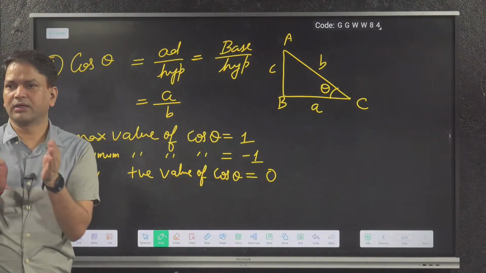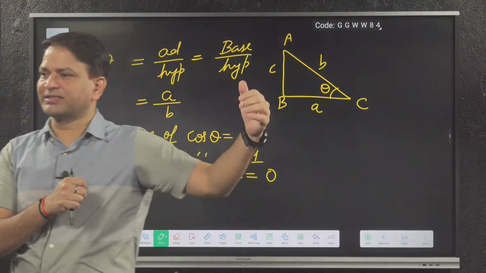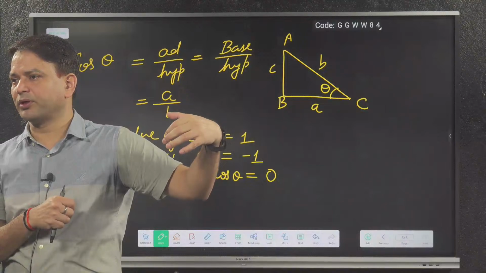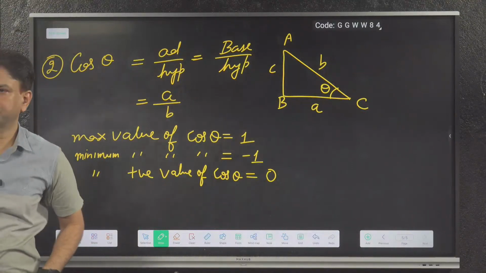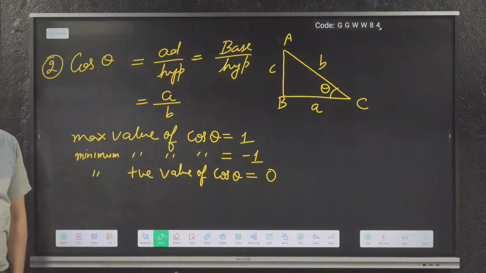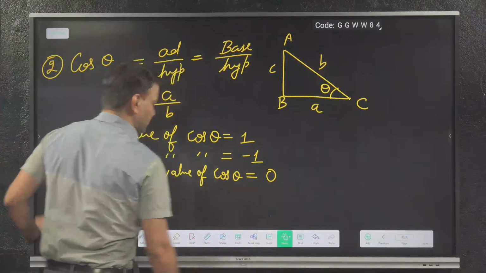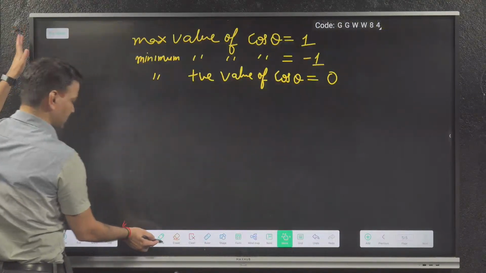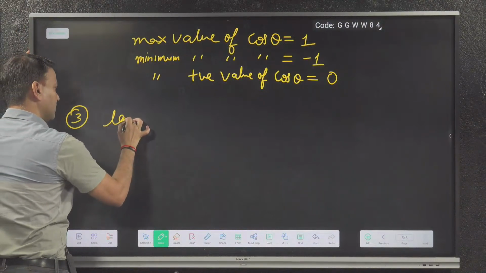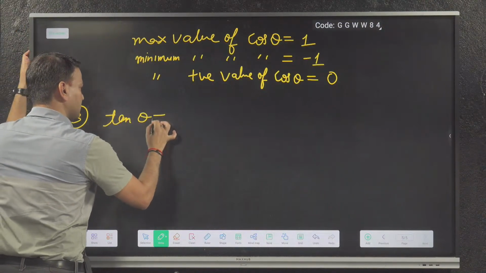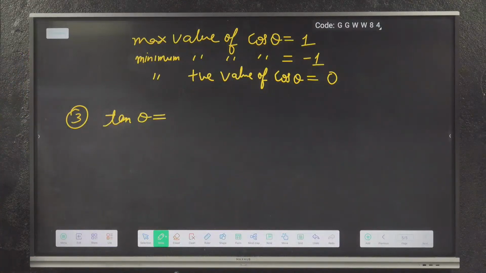So what I said, parallelly you have to remember the formula. Sin theta is the perpendicular upon hypotenuse, and cos theta you have to remember base upon hypotenuse. Now, if I'm asking tan theta, so tan theta formula is what?